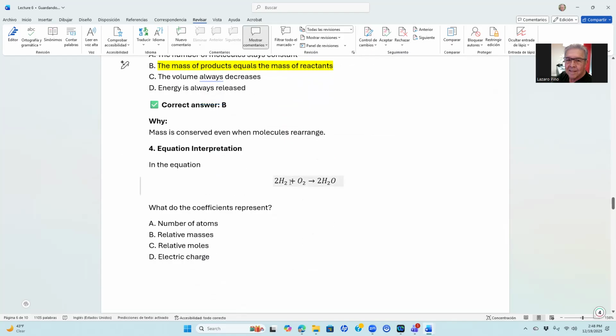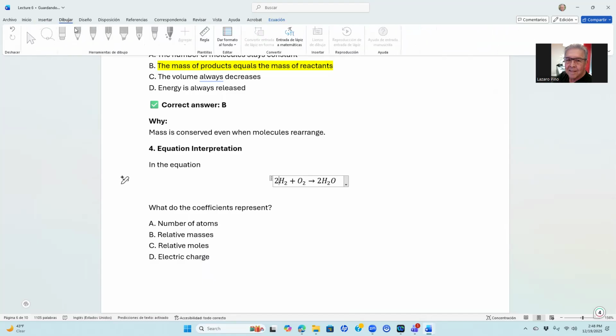Okay. In this reaction, what do coefficients represent? The coefficients are the numbers in front of the compounds. So the 2 and these 2 are the coefficients. What do they represent?